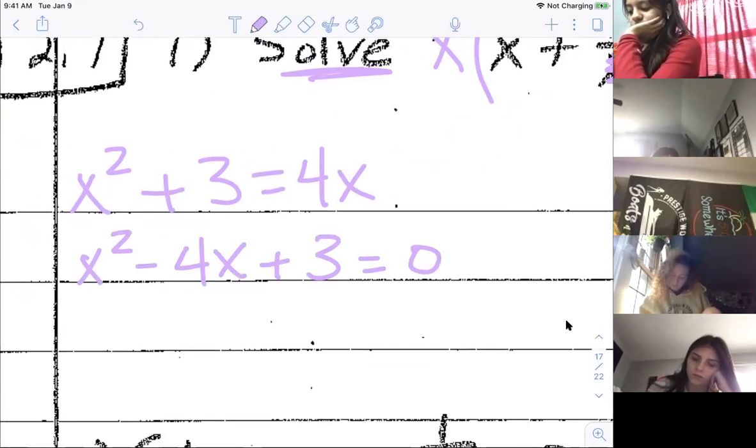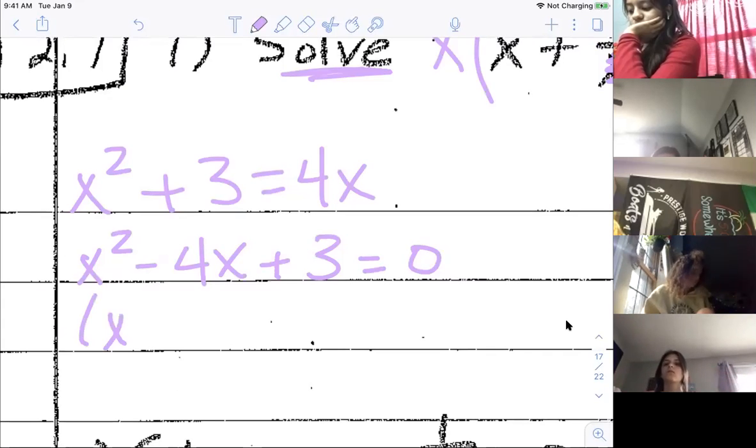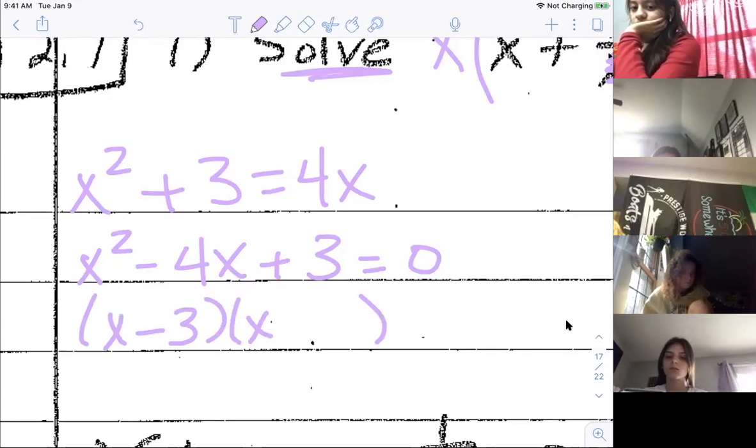All right, this one I actually can factor, so we're gonna do that. Always look to factor first. You can use the quadratic formula, but sometimes it leads to mistakes that we don't need to make. So I'm going to factor: x and x, multiply to be 3, add to be -4. -3, -1. Okay, that makes -3, that makes -1, the sum is -4, perfect.